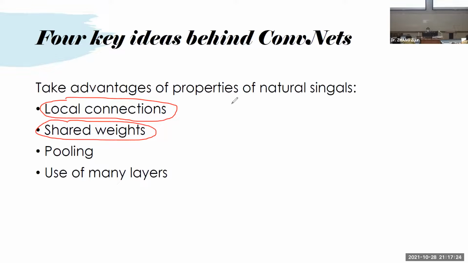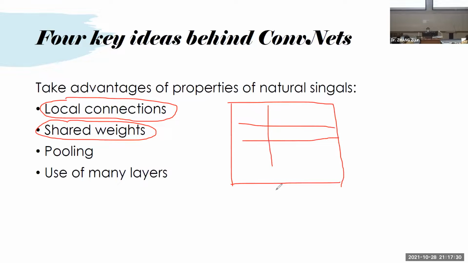For example, if I do convolution, assume I have an image of 9 pixels. I set up a kernel which is 2 by 2, and its weights are like 0.2, 0.3, 0.1, 0.4.